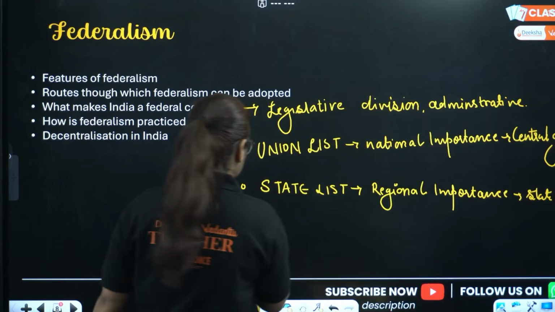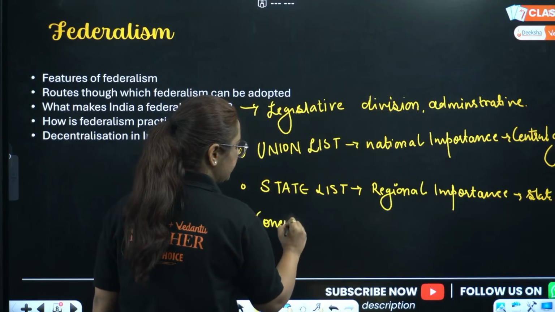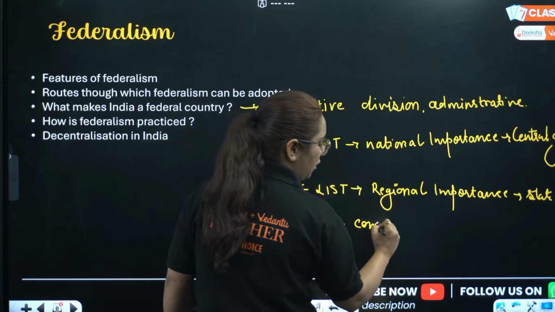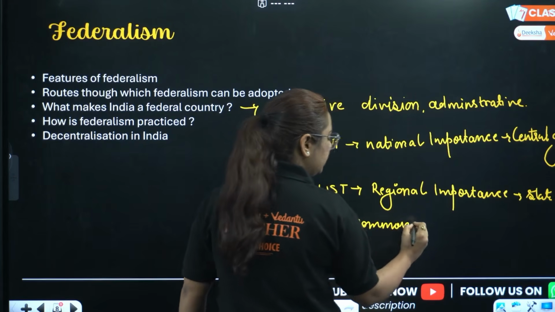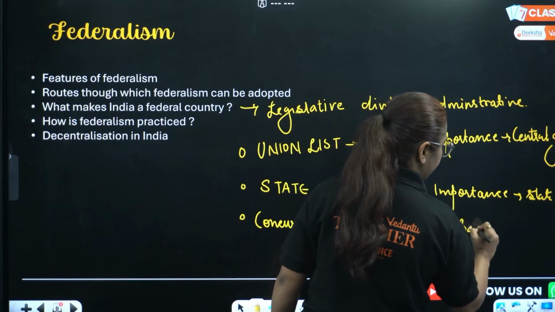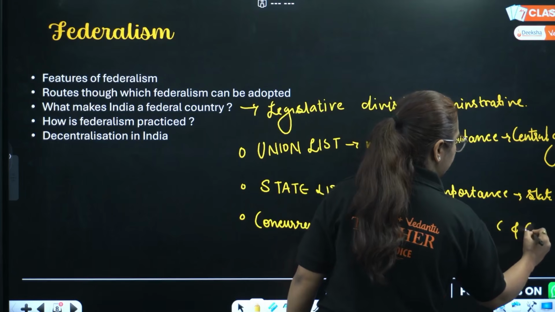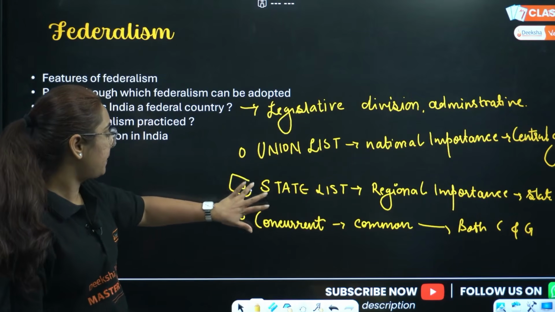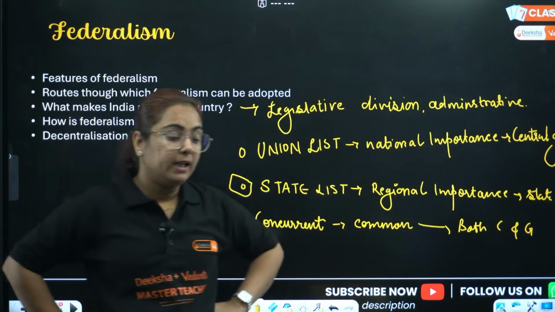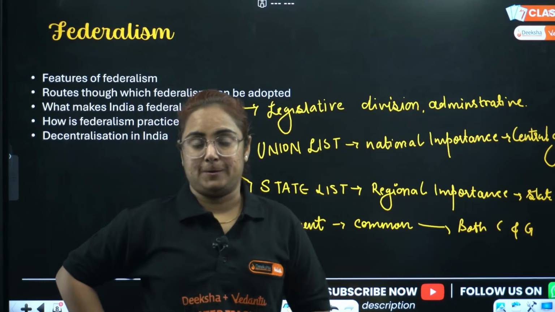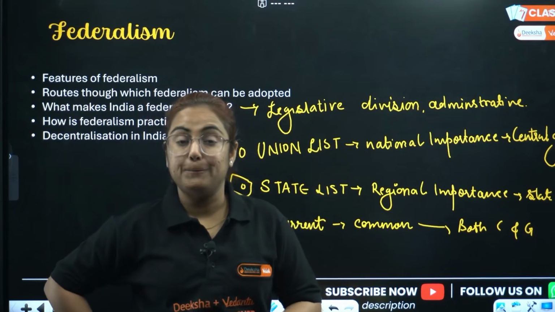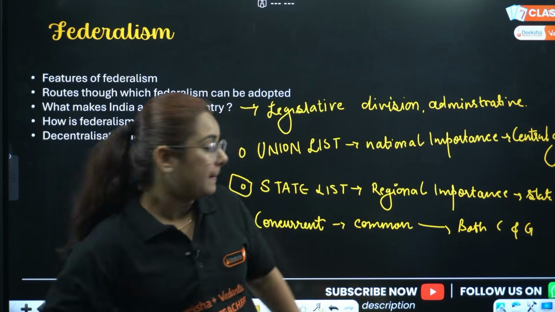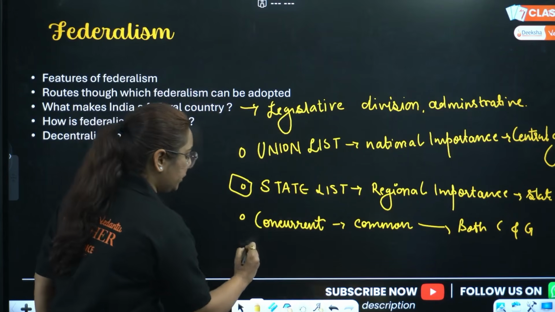Then we have the third list, the Concurrent List, in which there are subjects of common importance, and both the central and the state government can make laws. In the State List, there are topics like agriculture, irrigation, police. In the Concurrent List, education.